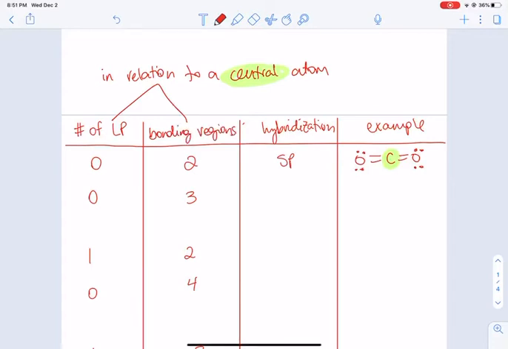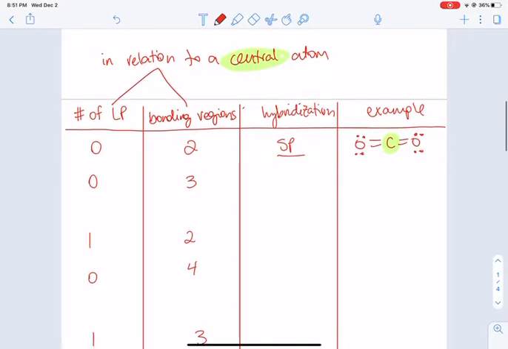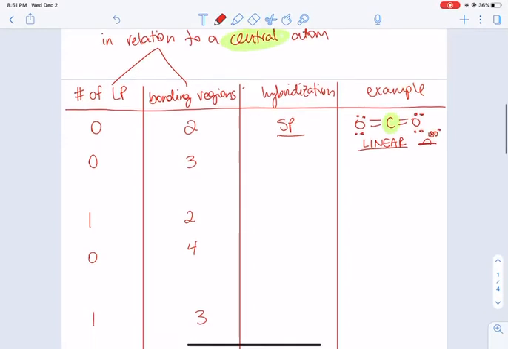Okay. And there are 0 lone pairs. Now the hybridization for that carbon is sp. And, oh gosh, I did not leave enough room here for this. But anyway, this would be linear. So the shape is literally a straight line, and the angle is 180 degrees. So it's exactly like a straight line from geometry.